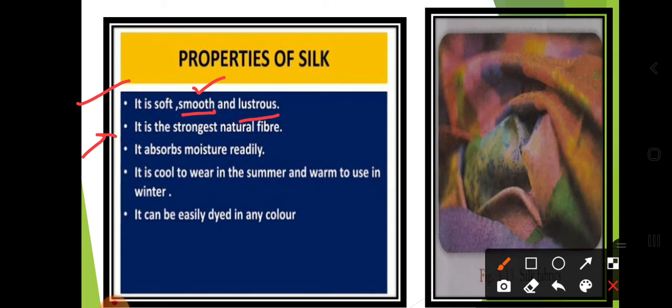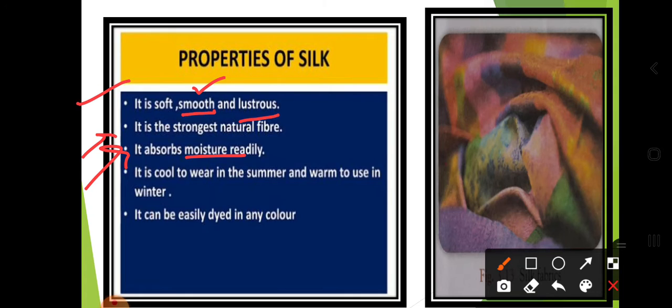It is one of the strongest natural fibers. Not only strong, it is the strongest, a very powerful natural fiber. It absorbs moisture readily, which means immediately, so you can use this to check the quality of fabrics.